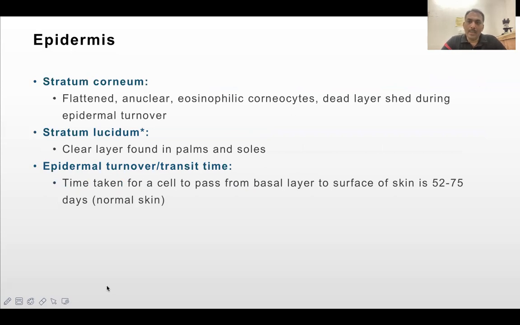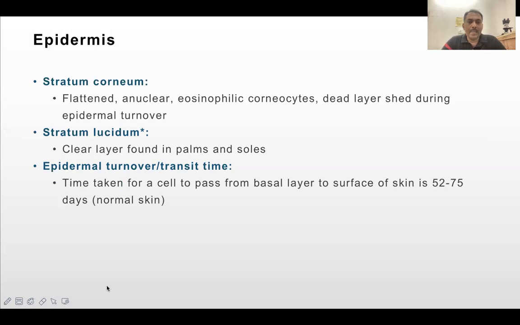At some places of the body, such as the palm and the sole, lies another layer over the stratum corneum, called the stratum lucidum, which is a clear layer found only on the palms and soles, and that's why these areas are thicker compared to other areas.